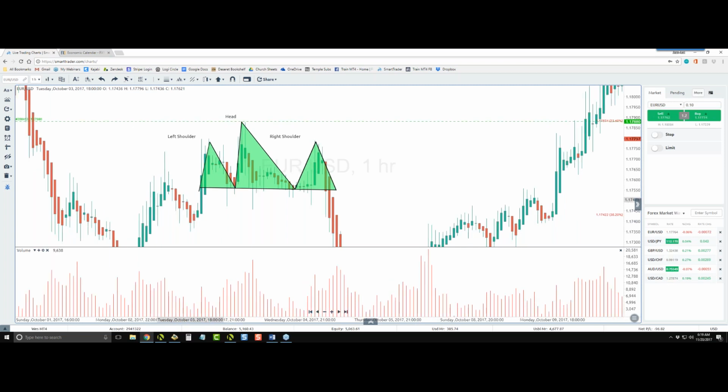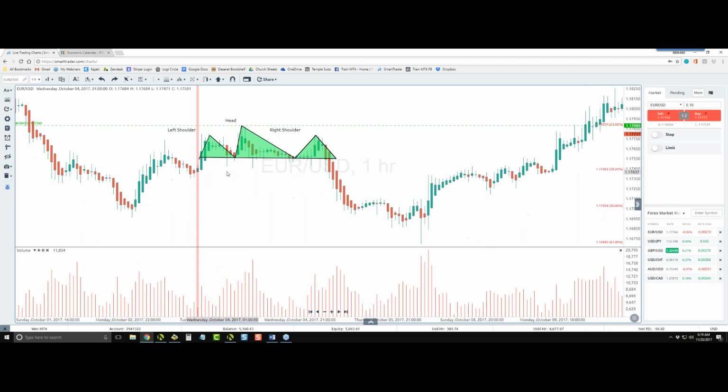So when we think about it that way, we're getting to why this is important. Oh, that's how we do that. Okay, I knew there was a way to do that. All right. So the bulls and the bears, they're playing tug of war within this candle. It's a 1-hour candle, so they had plenty of time to play tug of war. We had a lot of volume, meaning there were a lot of bulls and a lot of bears fighting on this candle.